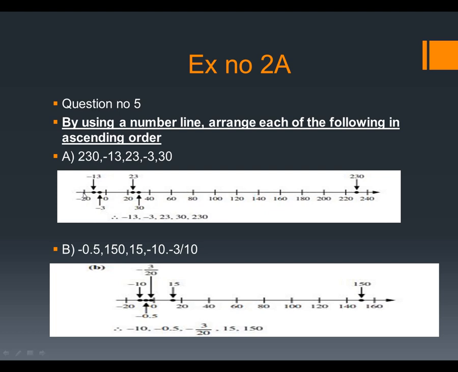Students can also ask the question, why didn't we increase the negative line to minus 240? We just have to see the smallest negative number, and make the numbers on the number line till the smallest negative number. So here is minus 13, we have to go backward till minus 13.